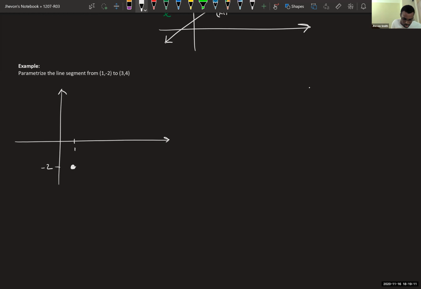So I'm at this point here. And I want to move to 3 comma 4. And then there's just a straight line like that. Okay. Now, how can I write parametric equations for that?